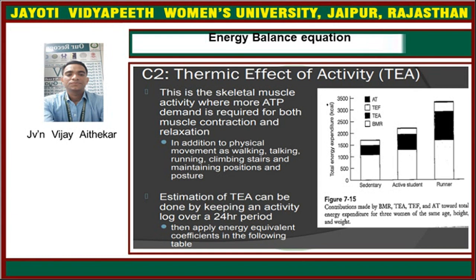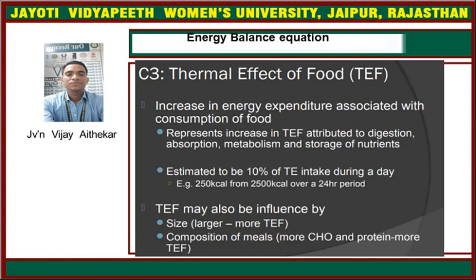Thermic effect of food, TEF, is the increase in energy expenditure associated with the consumption of food, attributed to digestion, absorption, metabolism, and storage of nutrients. TEF may also be influenced by meal size: larger meals, more TEF.